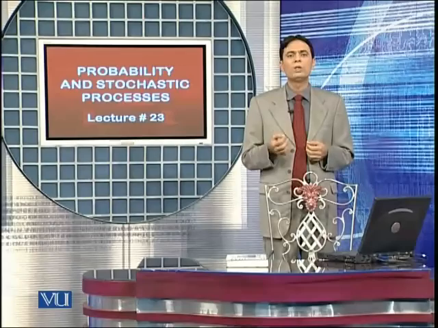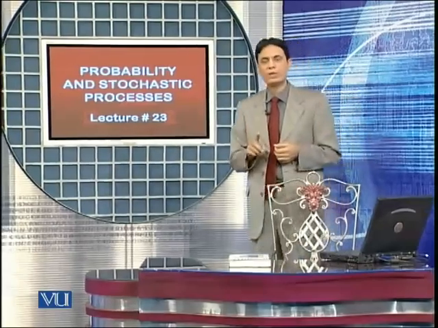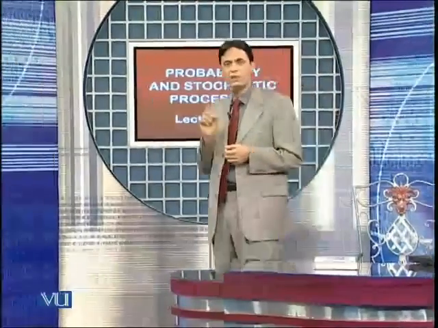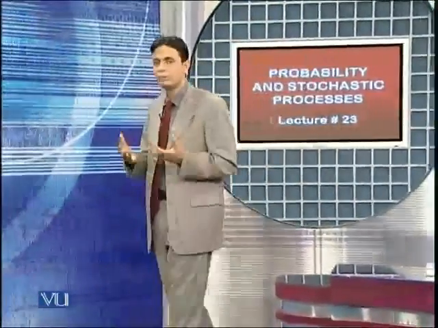Once again, we'll find the PDF indirectly by first finding the CDF, because CDF is easy to find because CDF is a family of parameterized probability values, and when you have this collection of probability values, you can find the PDF by taking differentiation of the CDF.